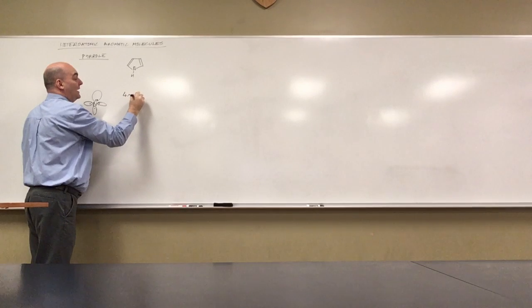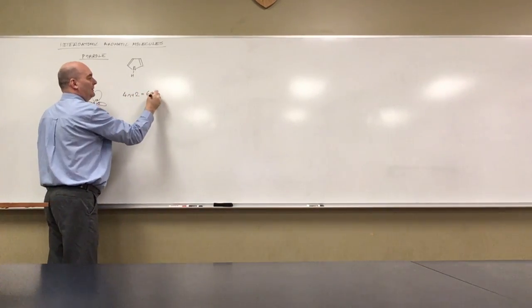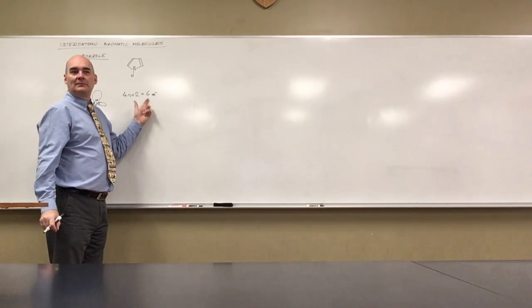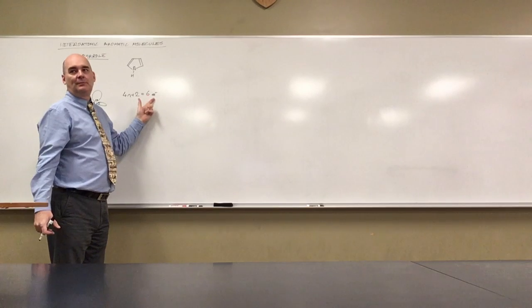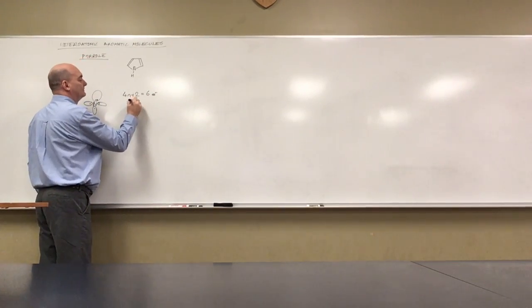It has 4n plus 2 equals 6. Not exclusively calling them pi electrons now. I have 6 mobile electrons. This is aromatic.